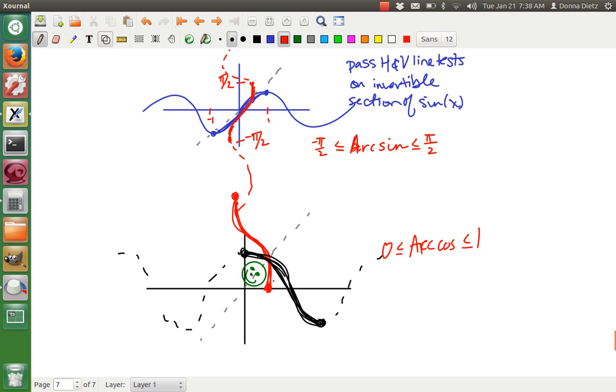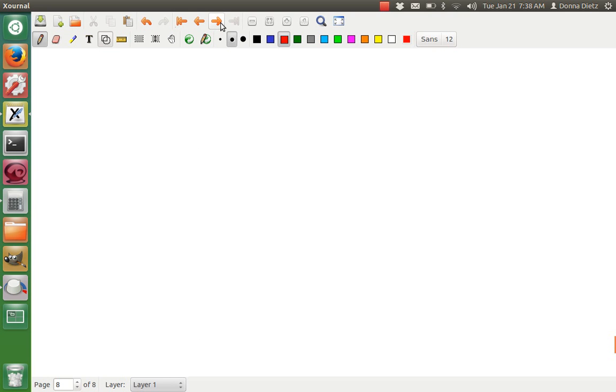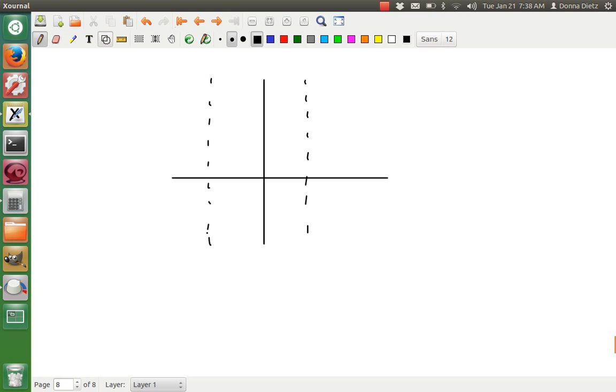Well, let's see. Arctangent. Remember, tangent goes from, let's see, minus pi over 2 to pi over 2. This is what tangent looks like. So arctangent is going to look like this.